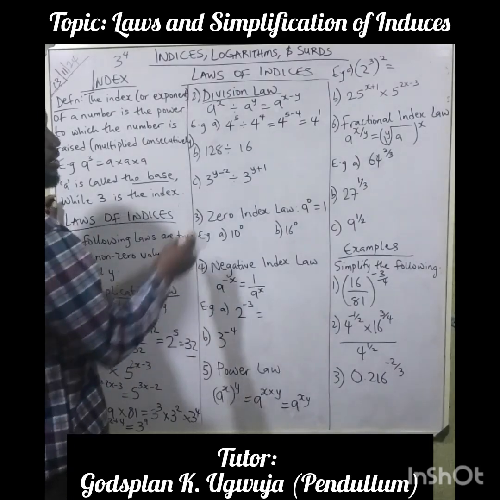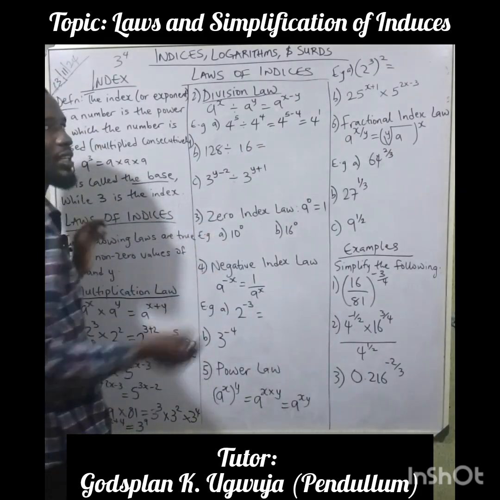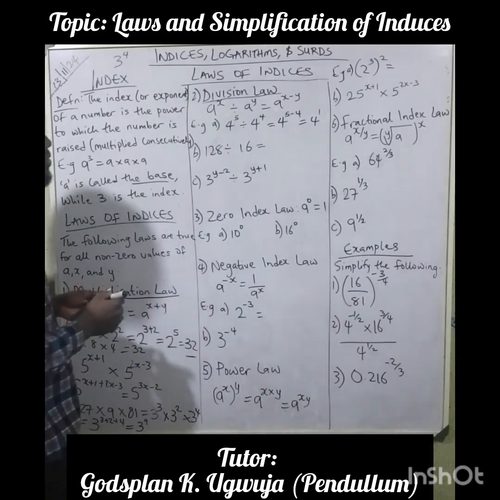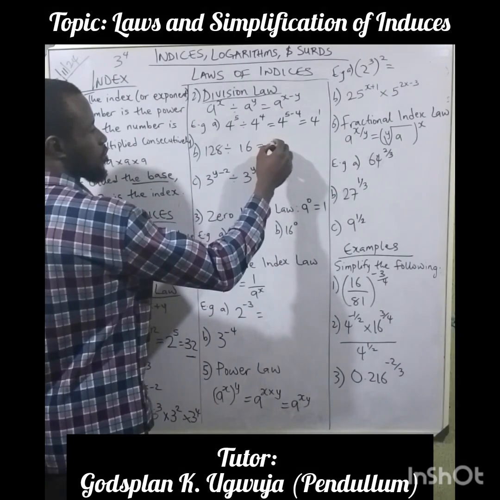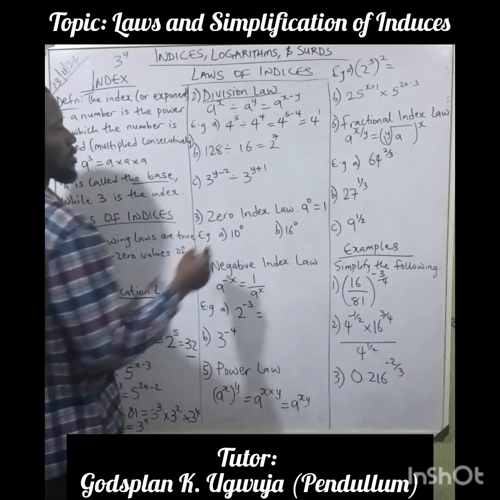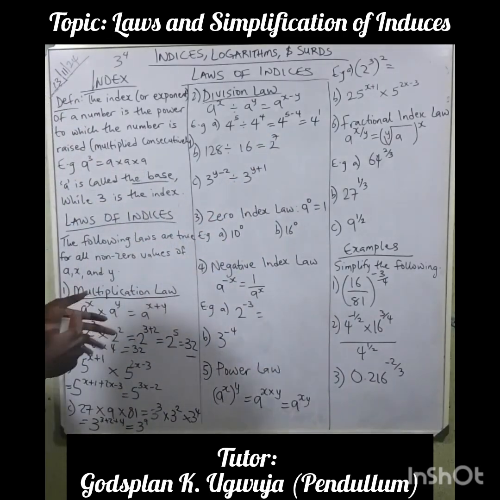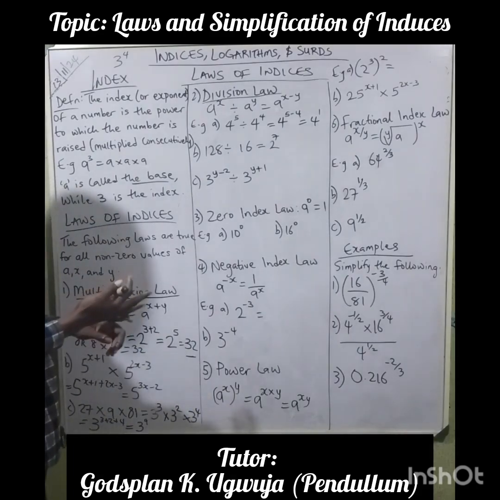In this case now, like I said, sometimes you may need to write it in the same base. So I can write this as, I think 128 is 2 raised to power, is that not 7? 2 times 2, 4 times 2, 8 times 2, 16 times 2, 32, 64 and 128.